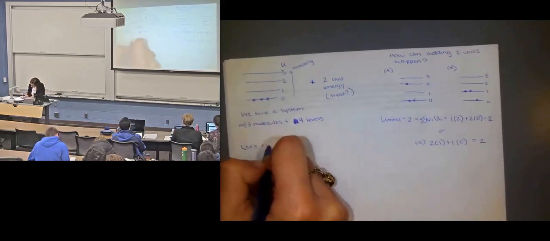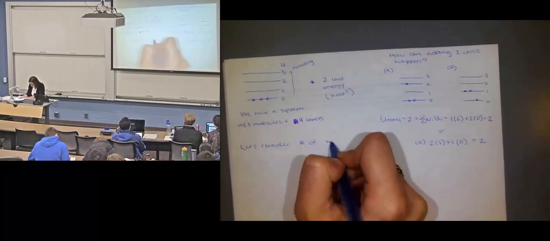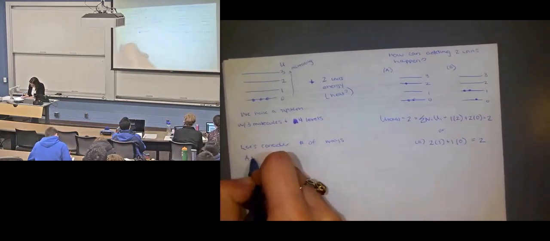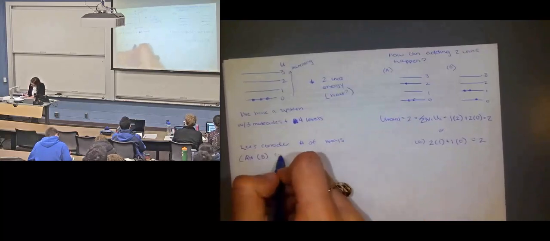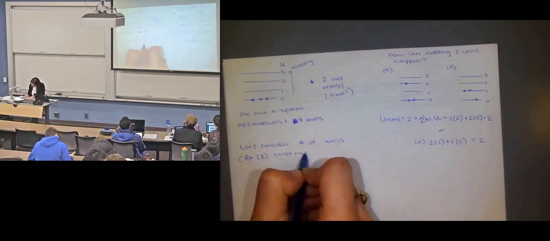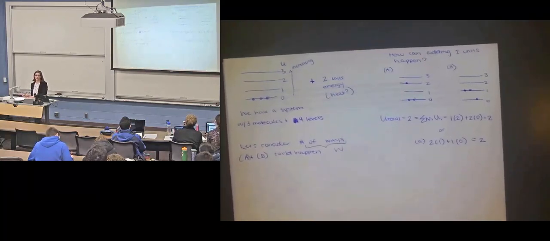So now let's consider the number of ways that A and B, these configurations, could happen. The number of ways is always, I'm asking for multiplicity.